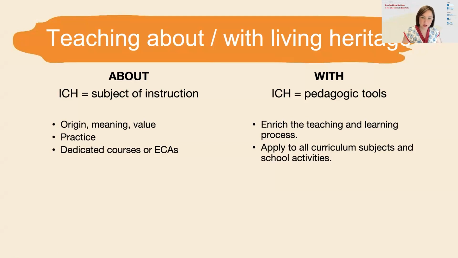Now, with means that you don't directly teach about traditional music in your courses, but it could be, for example, about biology. Like, how do you choose the right coconut shell to make that fiddle? So you want to teach about the biology of coconut. How do you plant it? What are the uses of the coconut tree and coconut shell? And part of it is that you can use it to make this traditional musical instrument.